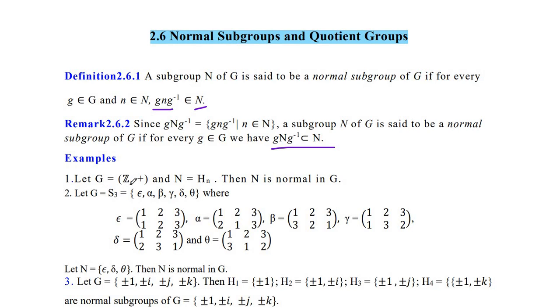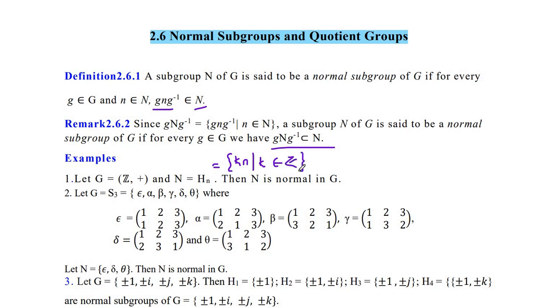If we have G to be the group of integers under addition and N to be the set of multiples, we know very well that this collection, which is a collection of all multiples of n, is already known to be a subgroup. This is a subgroup of Z under addition.